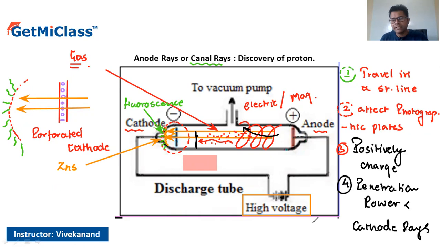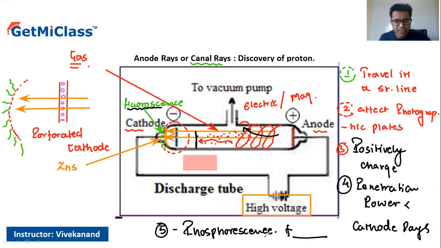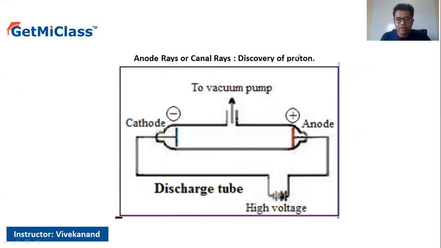The final thing is that, as we have already spoken about fluorescence, these rays can also induce phosphorescence. They induce phosphorescence as well as fluorescence. So these are all the points we need to understand. Let's observe all of these one by one now.